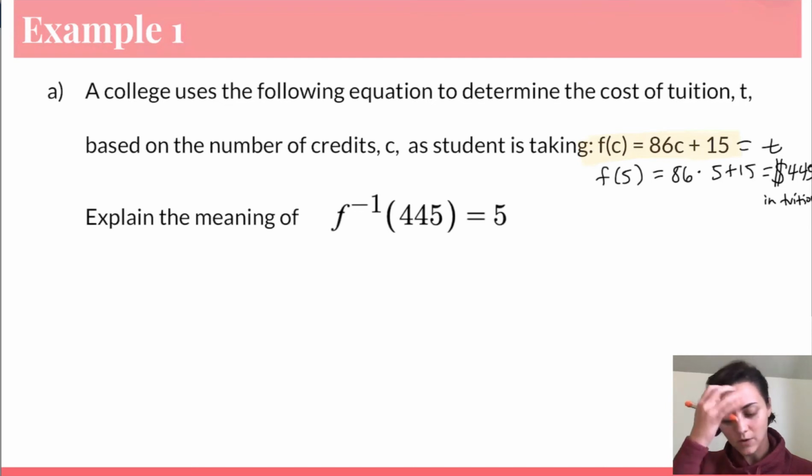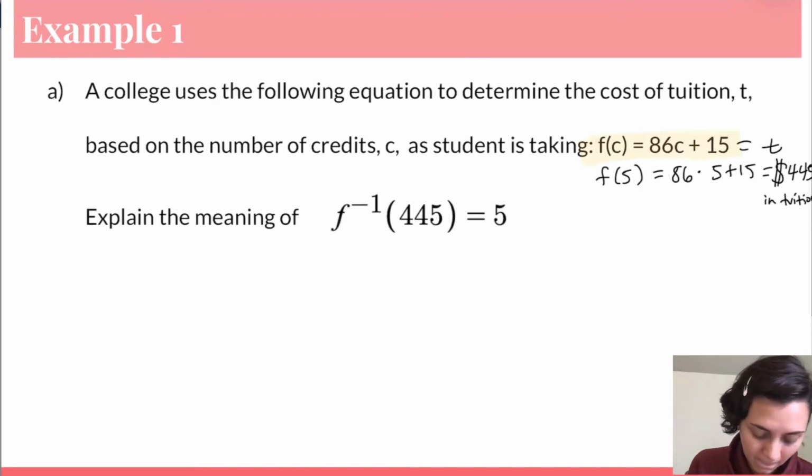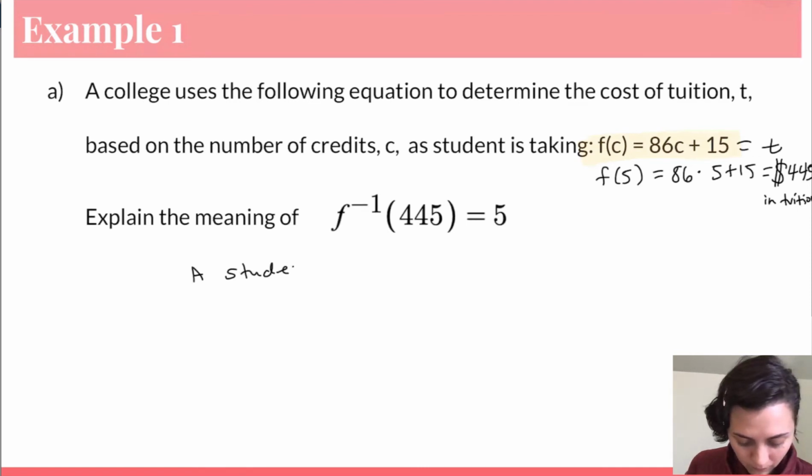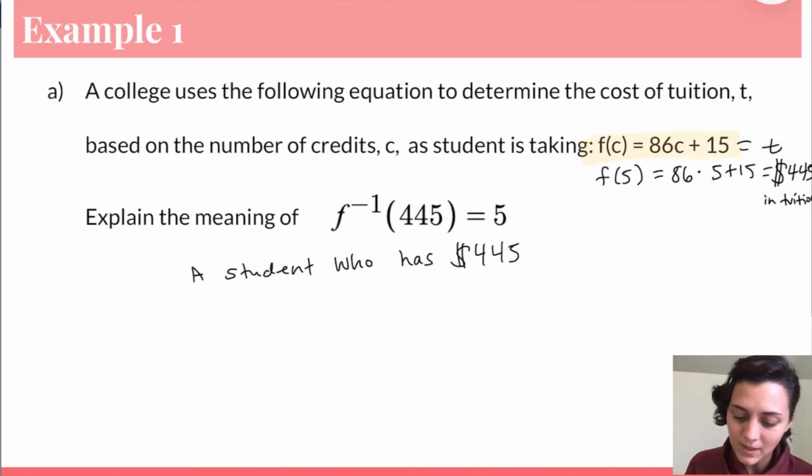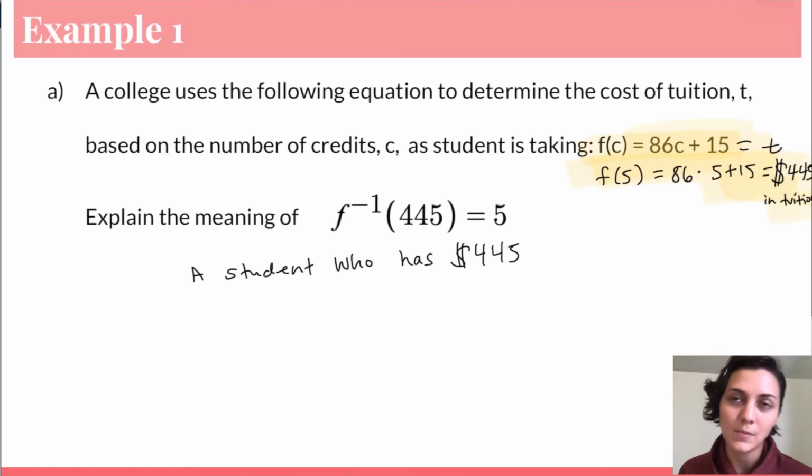So let's write this out in words. This means a student who has $445. So let's say instead of a student, maybe in the original equation up here, this is if you're like, okay, I want to take 10 credits, how much will I pay?